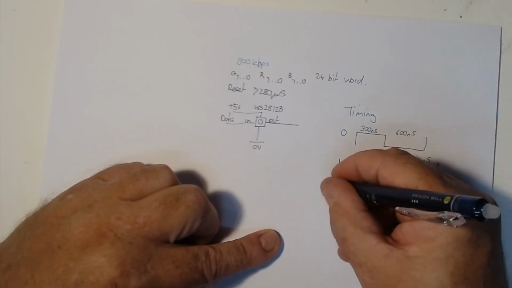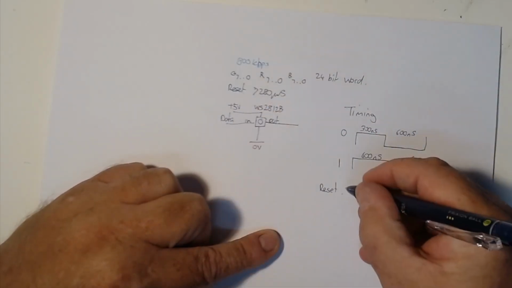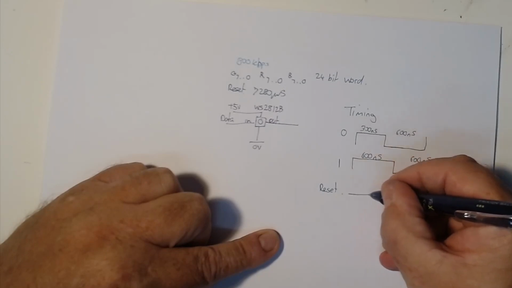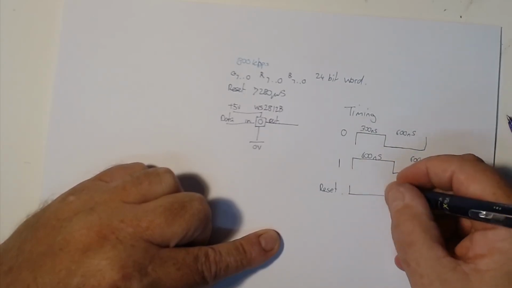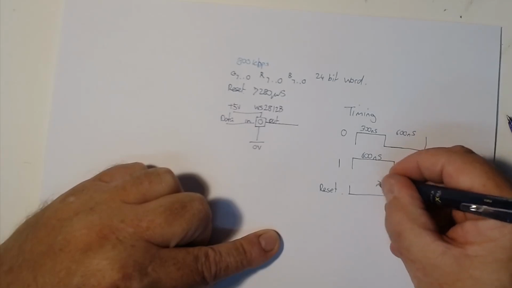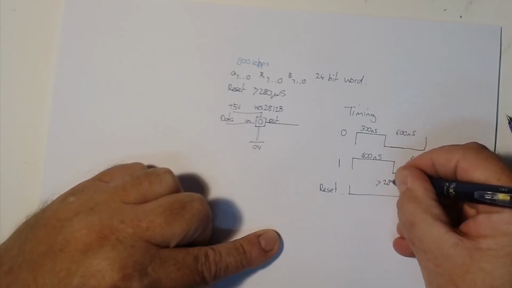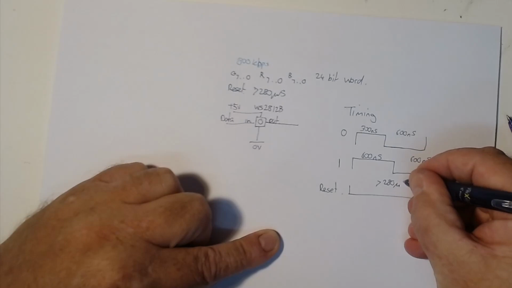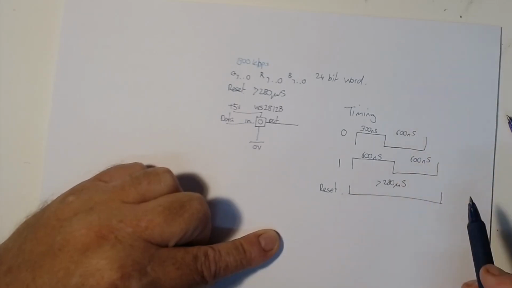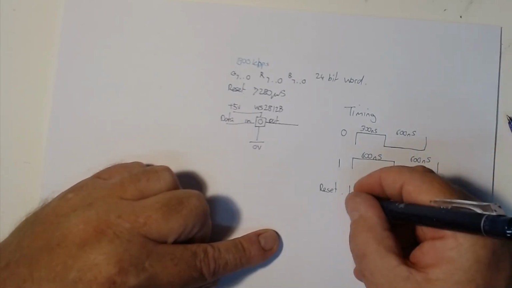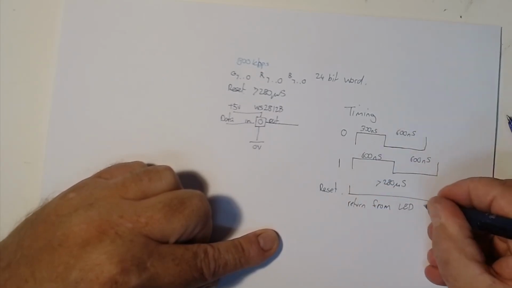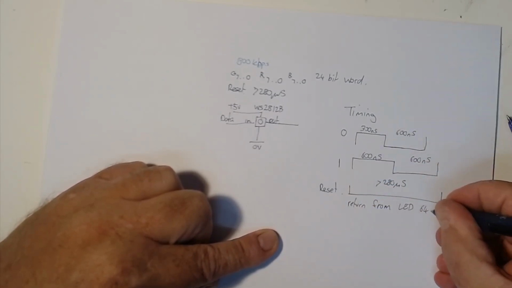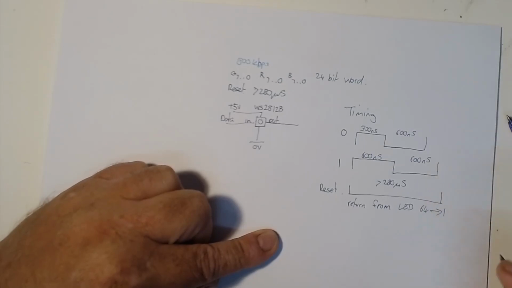And for a reset, which we've already got up here, we just need to have a low, so I'll just draw it as a low going pulse, and that has to be greater than 280 microseconds, so a huge amount longer. And that will return from LED 64 back down to the first LED.